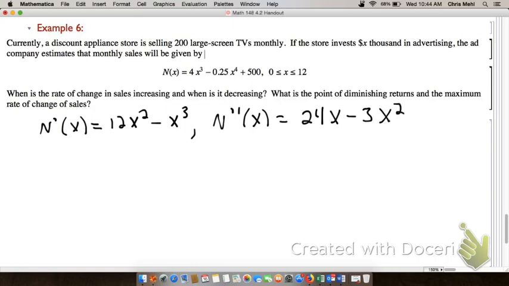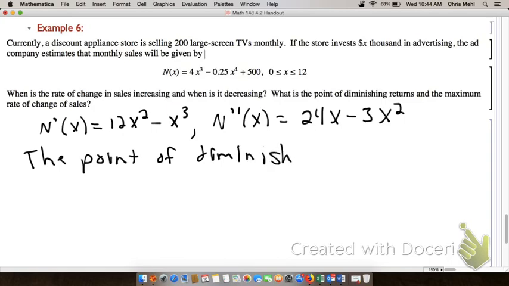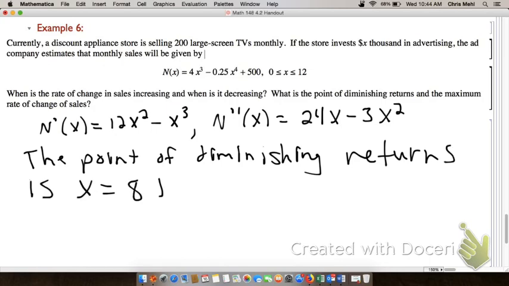Okay, and then since the rate of change in sales changed from increasing to decreasing when x equals 8,000, the point of diminishing returns is x equals $8,000.